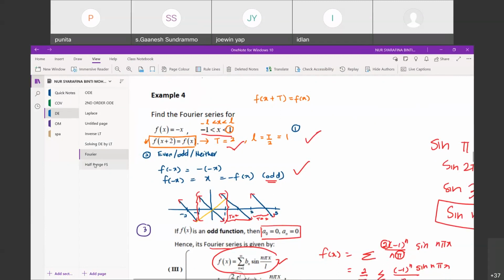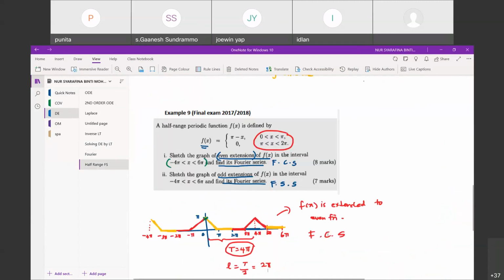Okay, and for half range, you can choose whether you need to extend to even or odd. Is that clear? Can you see the difference between the Fourier series that we have done previously and half range today? The difference is that.